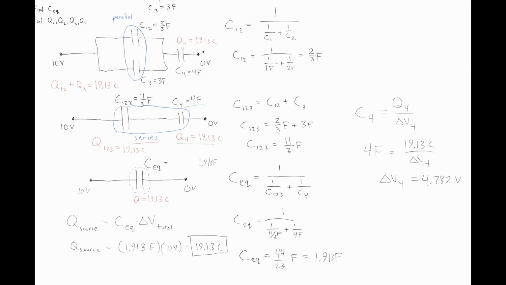And we also know another fact. We know that the delta V of 1, 2, 3 plus the delta V of 4 has to equal 10. Why do we know that? Because we're going from 0 volts up to 10 volts. We have to go through these two elements, so we have to have a 10 volt change in that path.